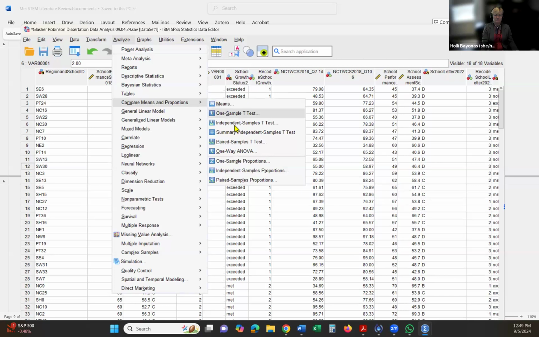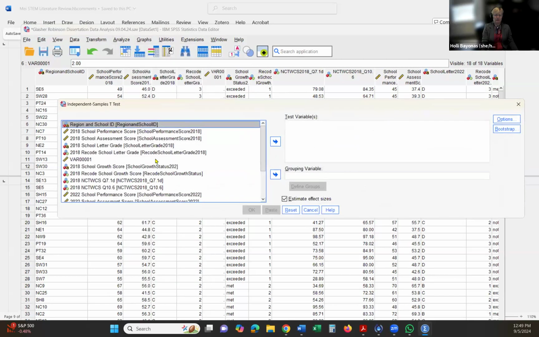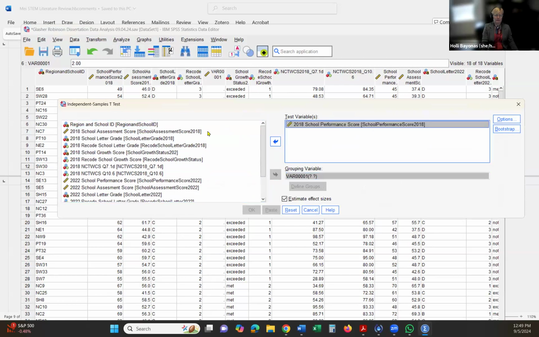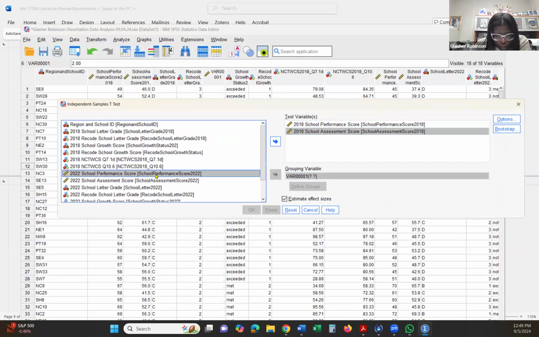Watch what happens. The grouping variable was this one. We're saying there's going to be a difference, right? In the teacher working conditions. Well, hold on. Did we also do this for 3 right now?